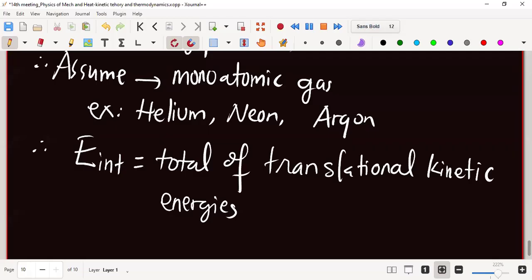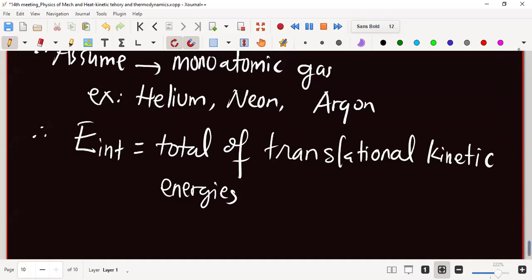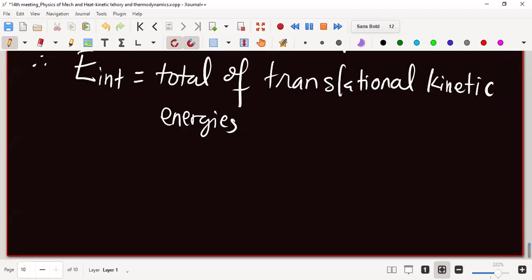The total translational kinetic energy of atoms, and we can say that the internal energy is equal to n times Avogadro number times K average.